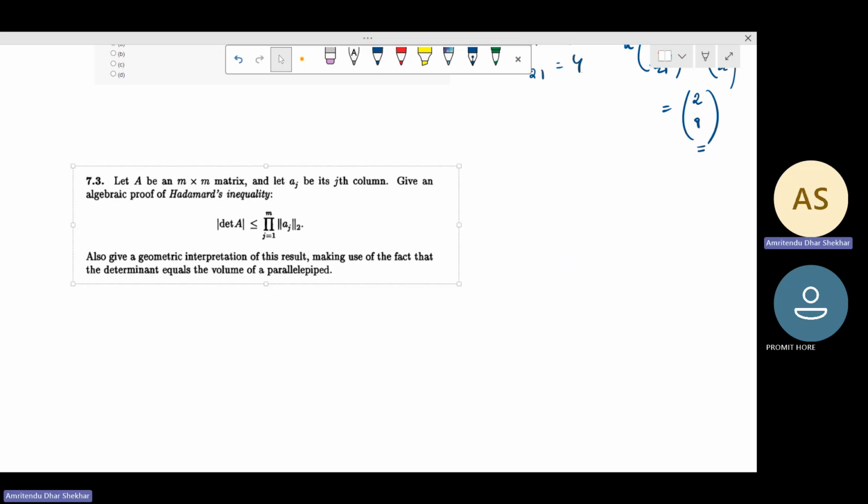So this is a slightly theoretical problem. We have to prove this inequality. The determinant of A is less than or equal to the product of the norms of the vectors.